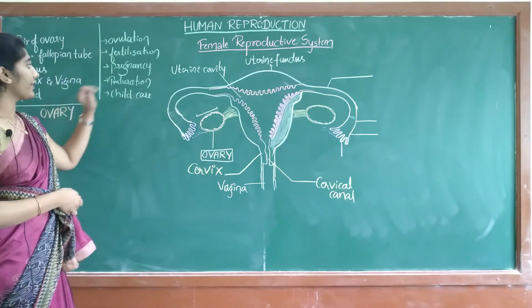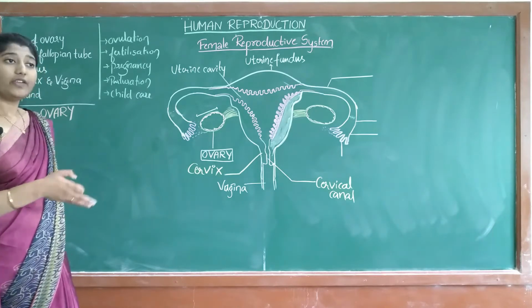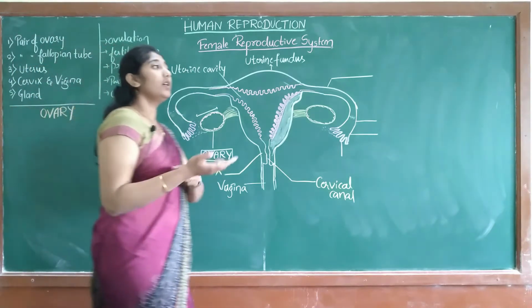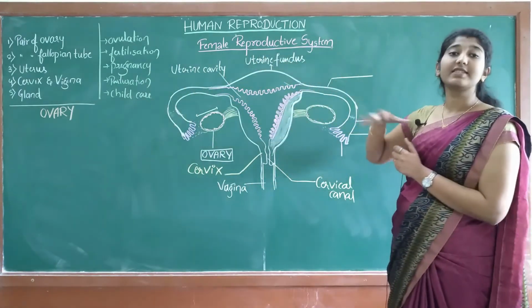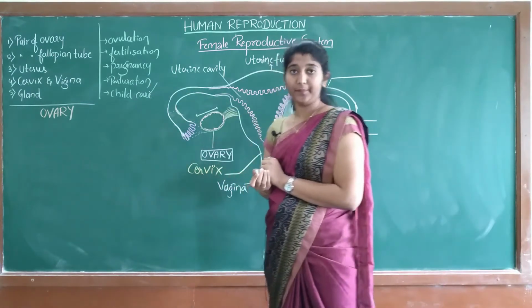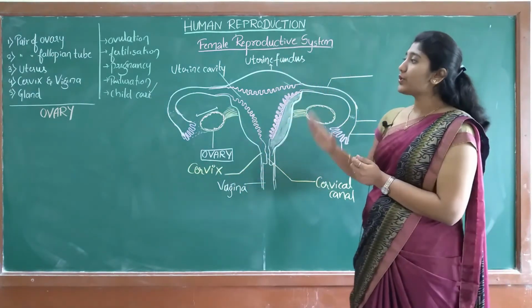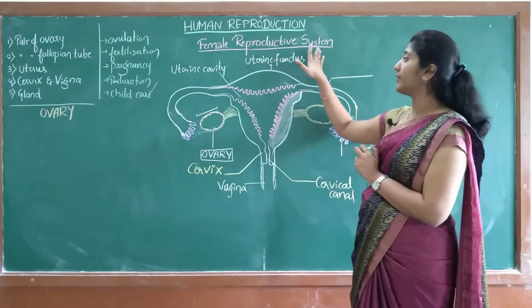And then pregnancy and parturition, that is giving birth to a baby. Even after childbirth, the human female reproductive system is designed in such a way that child care is also taken care of. So in today's class we are going to study the female reproductive system.